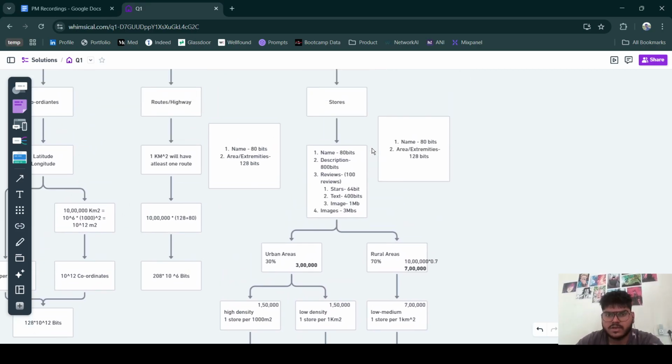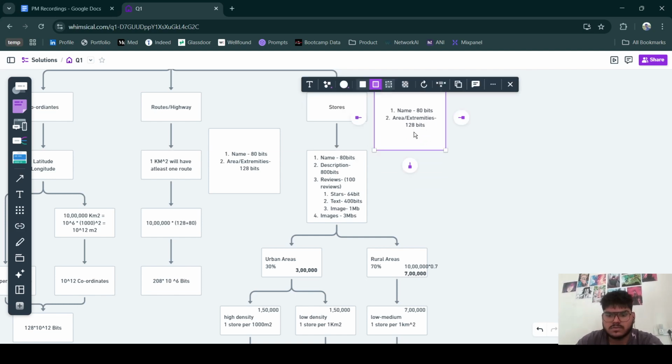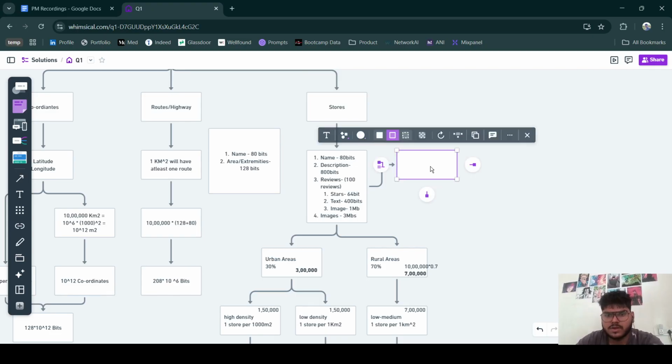So if I am calculating here the amount of this data, it comes around 80 bits, 800, let's take around 1000. Let's take an average of 1000 bits of data.